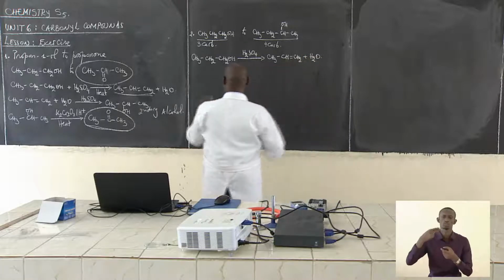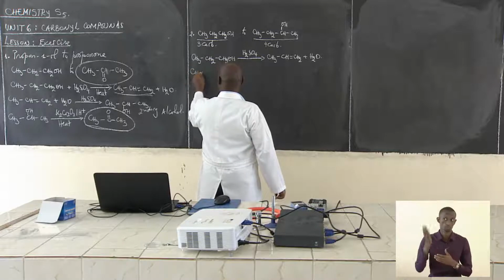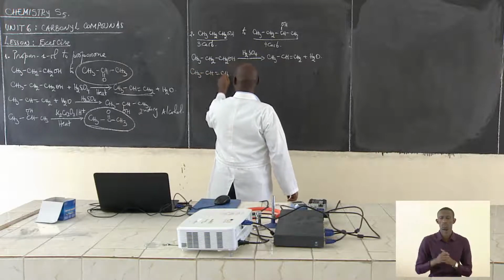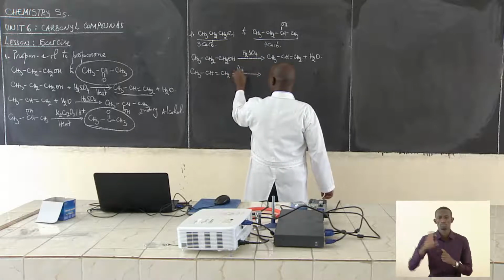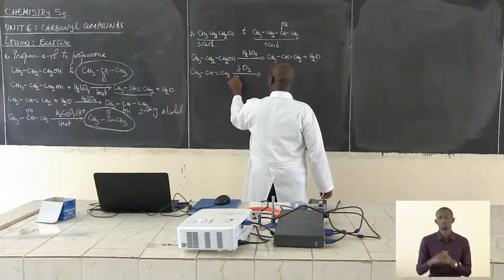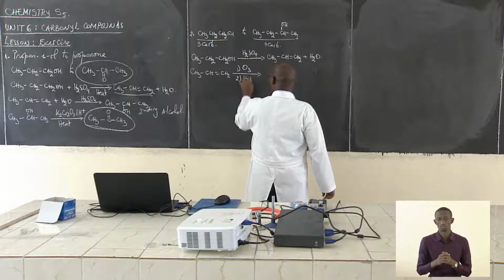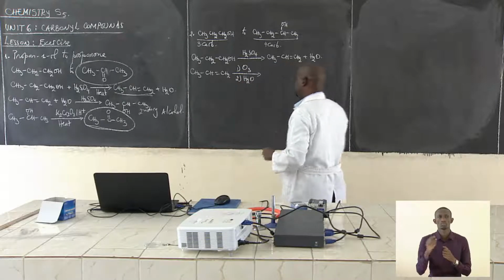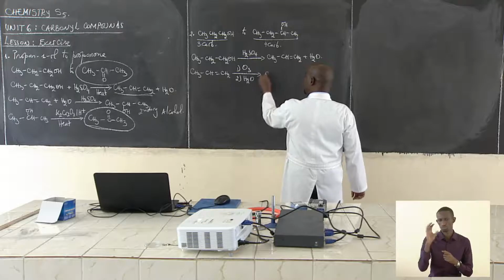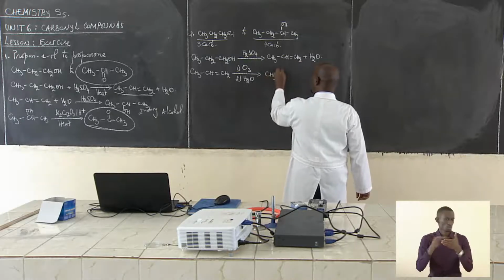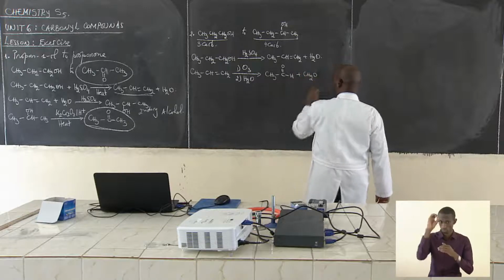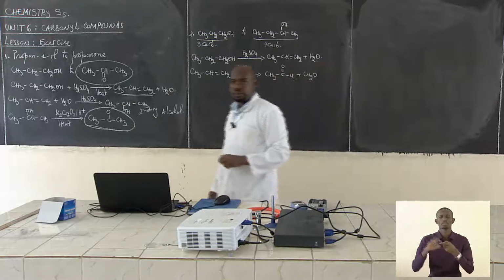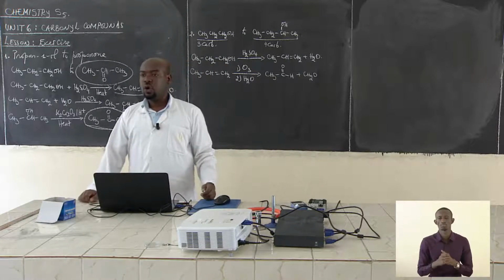And from this alkene, we can produce 2 aldehydes. If we treat this compound with ozone followed by H2O, we produce CH3CHO plus CH2O.